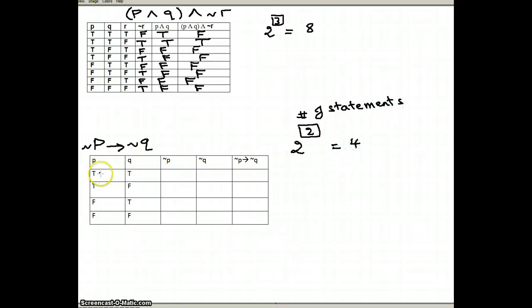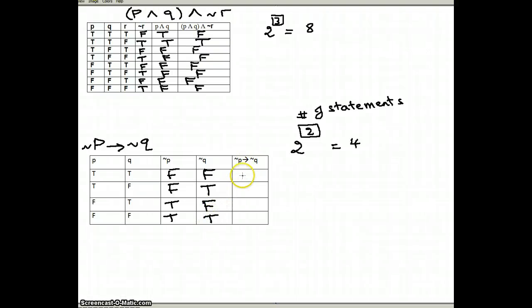And to get 4, I'm going to write P as true, true, false, false, and Q as true, false, true, false. Then for the negation of P, I'm going to write exactly the opposite of this column, which would be false, false, true, true. Same for not Q, I'm going to write exactly the opposite of this column, which would be false, true, false, true.